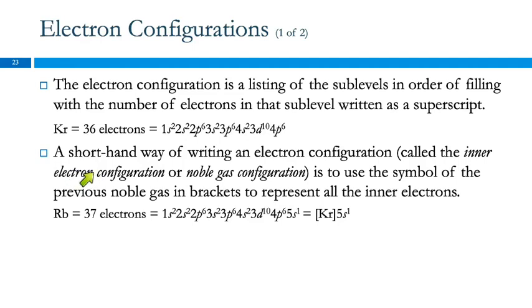We do have a shorthand way of writing an electron configuration. It's called an inner electron configuration or a noble gas electron configuration, which is the term I use. So this is krypton's electron configuration. If we're writing the electron configuration for rubidium, I used up the yellow, so I'll use something else.